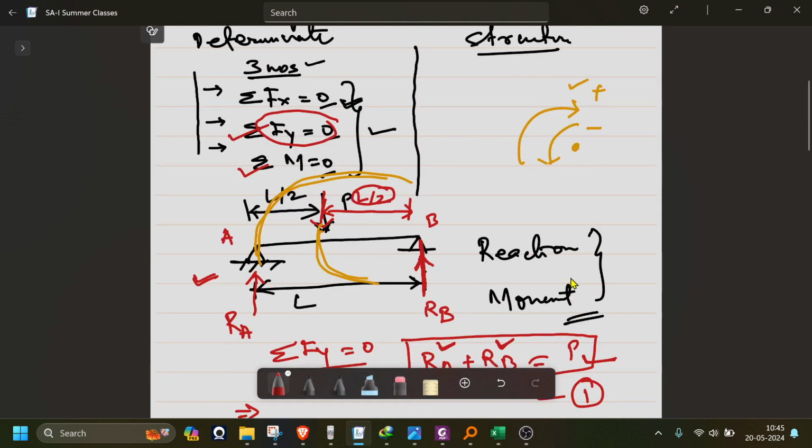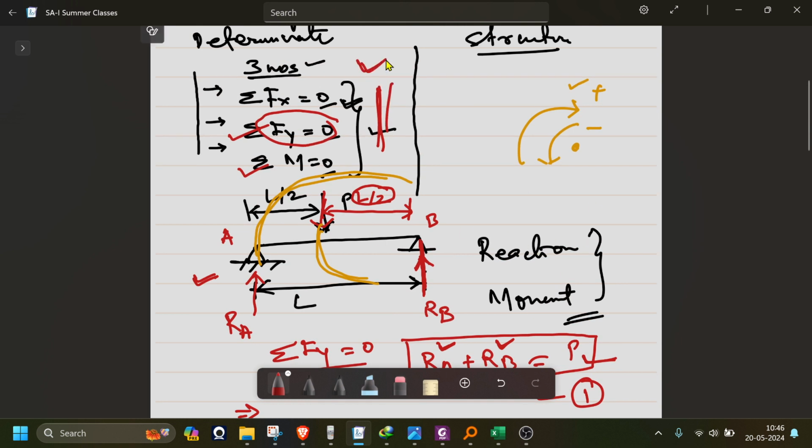Okay. So now see, we were able to solve this simply supported beam with the help of the equilibrium equations. Why could we solve it? Because this structure is a determinate structure, right? If it had been an indeterminate structure, we could not have used only these.